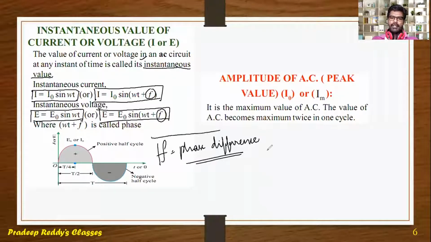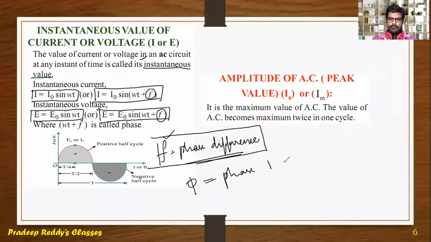So at different instants of time, different cycles have different values. Therefore, you can compare their phase by using this phi, which is said to be phase difference. Usually we denote it with phi. Phi is phase difference, and omega is called angular frequency.